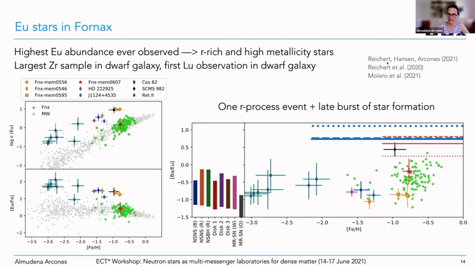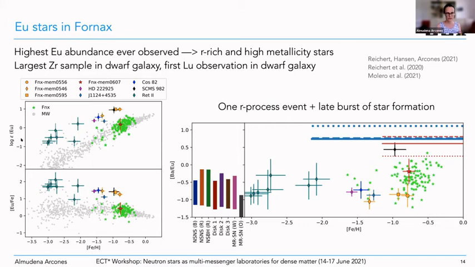It was work done with Camilla Hansen and Moritz Reichert, based on a broader study from Moritz. And now Marta Molero has done the chemical evolution studies for dwarf galaxies based on this observation. So we have found europium stars, those with the highest europium ever observed in a star.